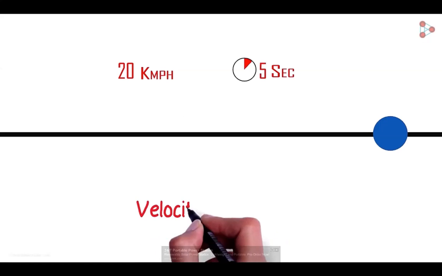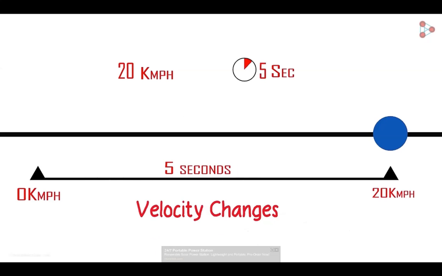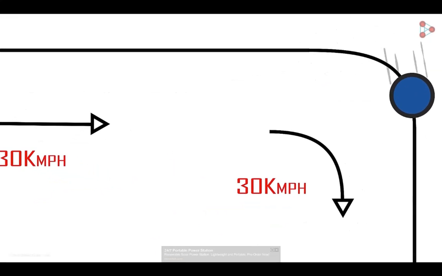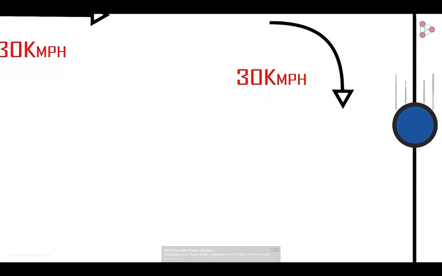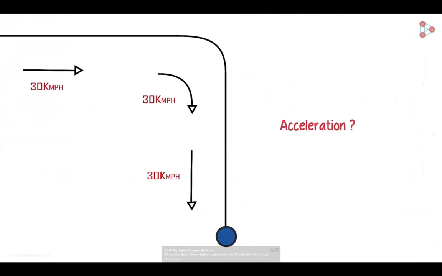Yes, because the velocity is changing. It was 0 initially, and at the end of 5 seconds, it's 20 kilometers per hour. In another scenario, assume that a body is moving at 30 kilometers an hour, and then it moves right at 30 kilometers an hour and continues traveling at the same speed of 30 kilometers per hour. Hold on. Will there be acceleration in this case? Is there acceleration? Yes or no? The answer is yes.